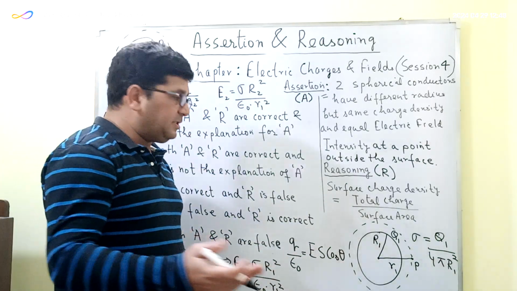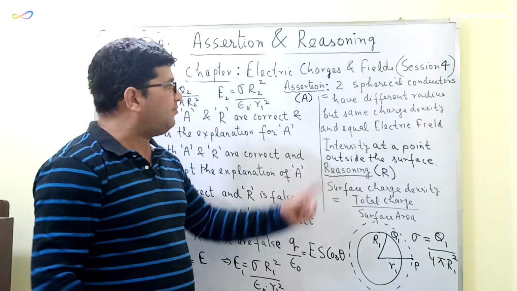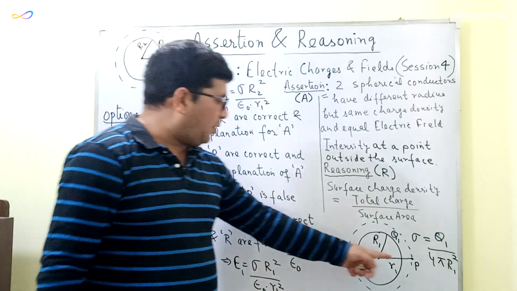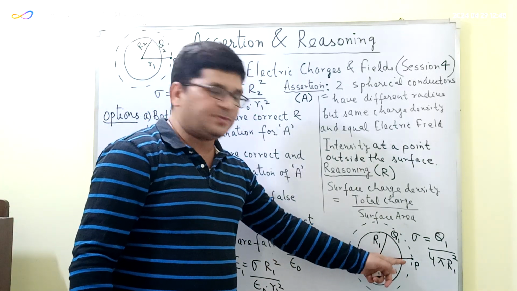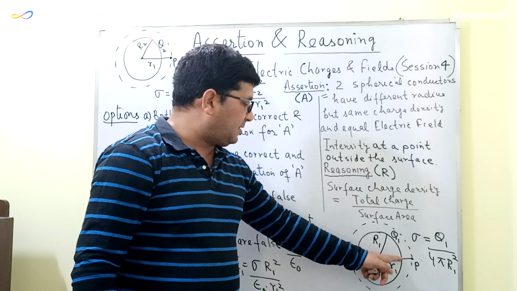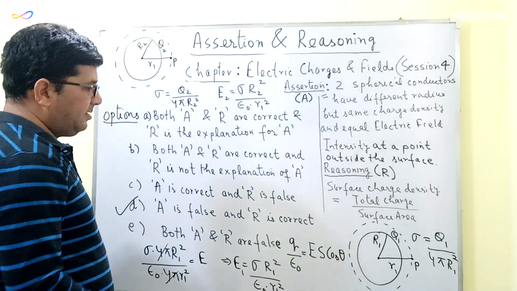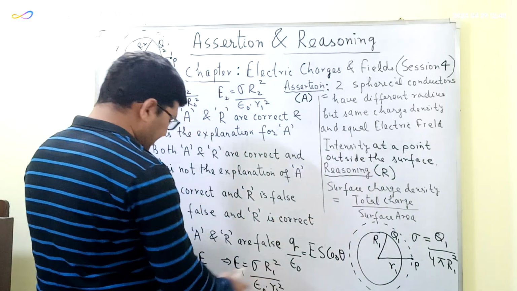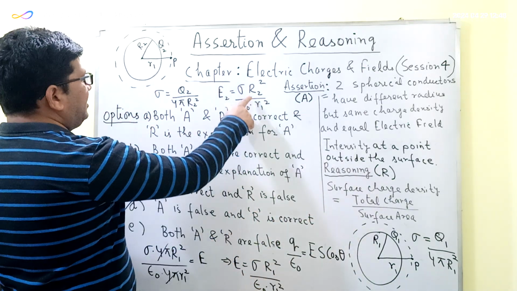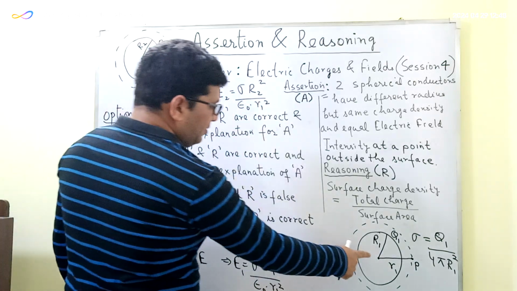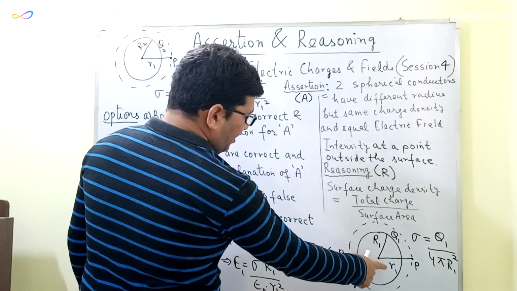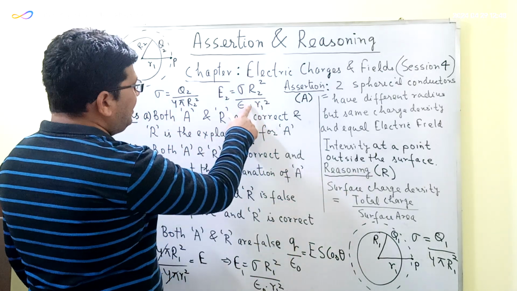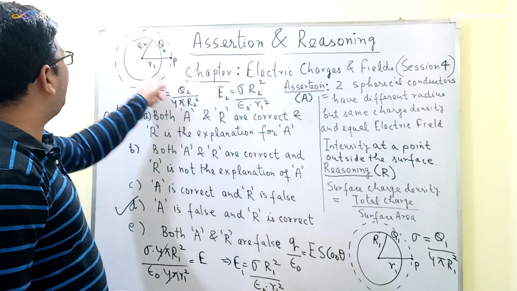Now there can be a number of permutations and combinations with regard to this assertion. That is, if this point is lying on the surface of the spherical conductor, then in that case small r1 will be equal to capital R1, and in the second case small r2 will be equal to capital R2.